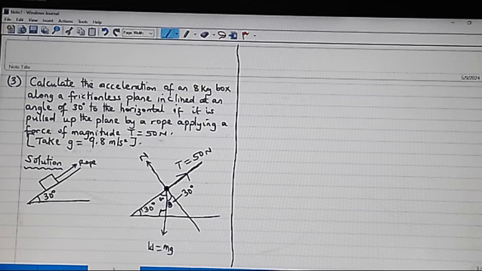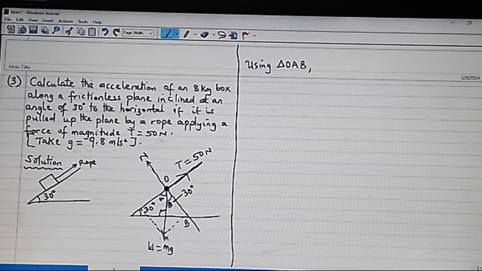I want to find the component of the force along this axis. I can just draw a dotted line. Using this triangle, let me say this is O, A, B. So using triangle OAB, this is theta. I want to find AB.